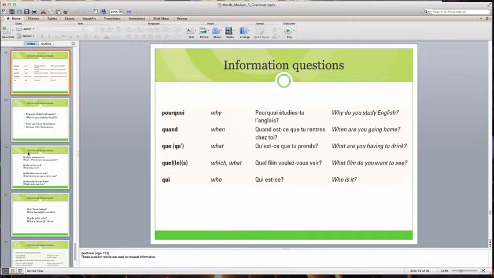In that case, we have to make quel agree in number and in gender with the noun that it's modifying. In this example, quel film voulez-vous voir? What film do you want to see? In that example, the word quel is modifying the word film, which is masculine and singular. Okay?